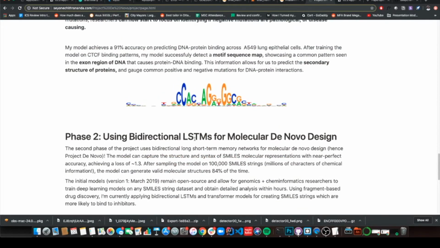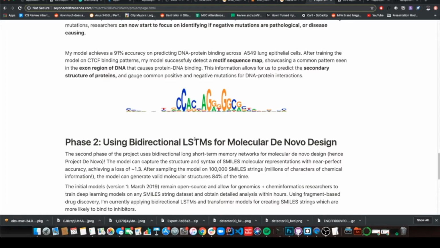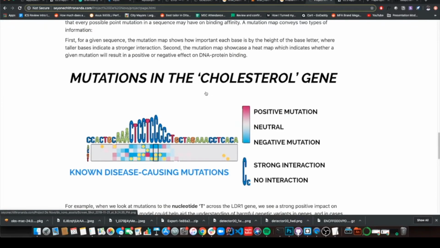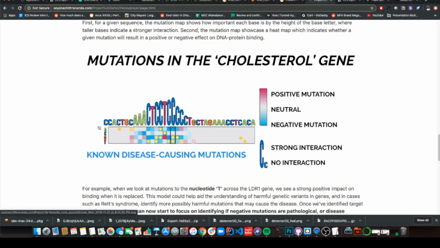Similarly to how we map how strong the interaction is by the height of the letter, where a taller letter indicates a stronger interaction, the same principle is applied here, but we also uncover negative mutations. A common pattern across the LDLR gene, or cholesterol gene, is that Ts have a positive impact on DNA protein binding, meaning that T mutations increase the chance of a DNA protein binding interaction happening.